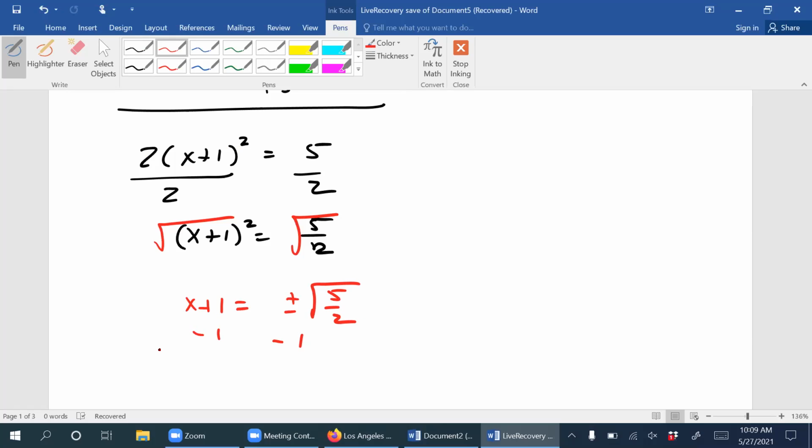Now, this one might look a little bit interesting, but this is going to be x is equal to -1 plus and minus the square root of 5 over 2.